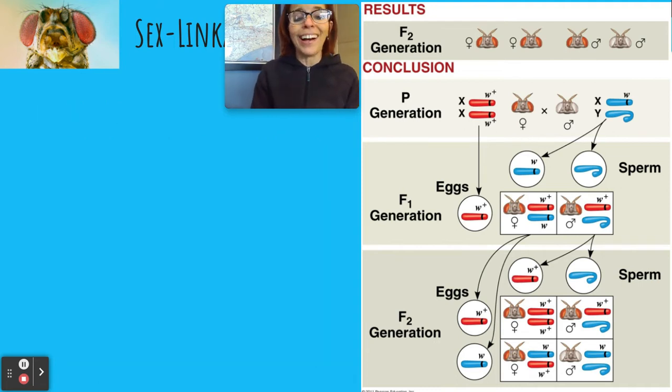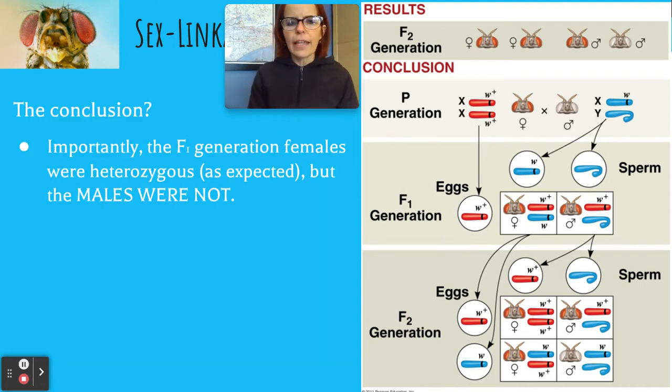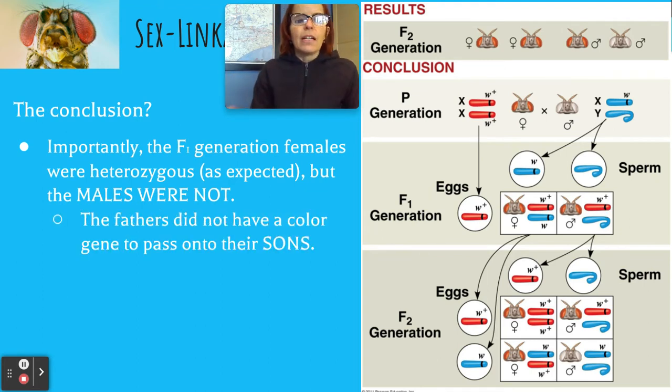All right, moving on. Importantly, the F1 generation females were heterozygous as expected, but the males were not. We would have expected the males to also be heterozygous, but they only get one copy of this eye color trait. The Y chromosome doesn't carry it. The fathers did not have a color gene to pass on to the sons. So here's the fathers.